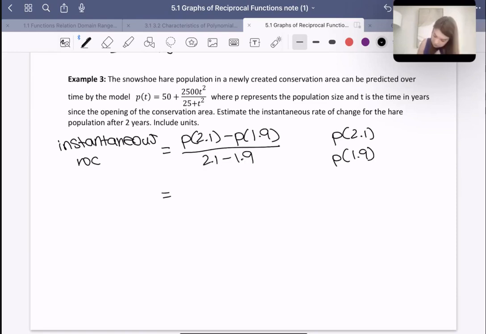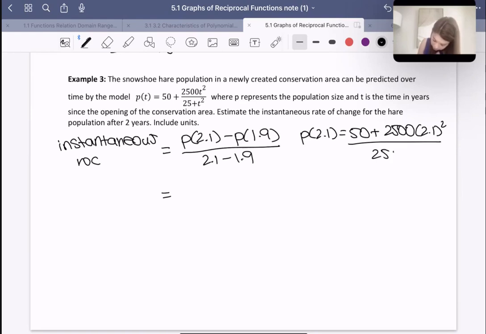Okay, so what is P of 2.1? Actually, let's give ourselves more room to find that. That's going to be 50 plus 2,500 times 2.1 squared over 25 plus 2.1 squared.